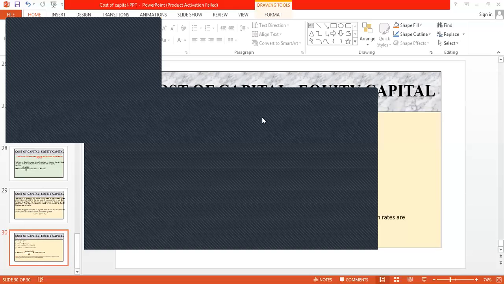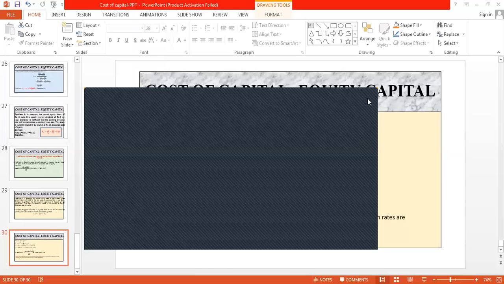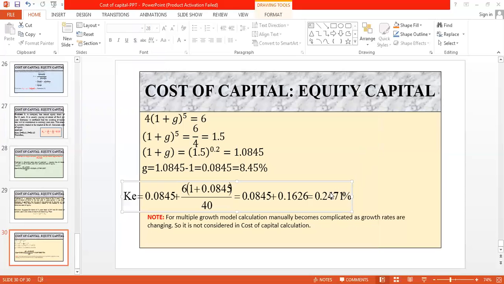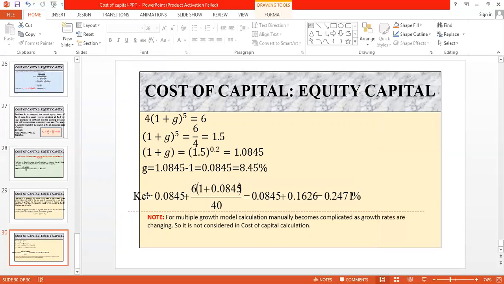So ultimately your result will be much higher. It will be 0.2471. That means your cost of capital will be 0.2471. So that's all for this problem.